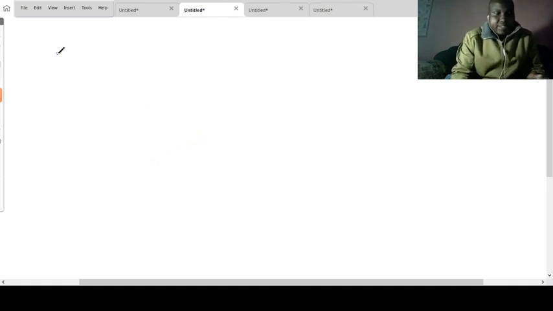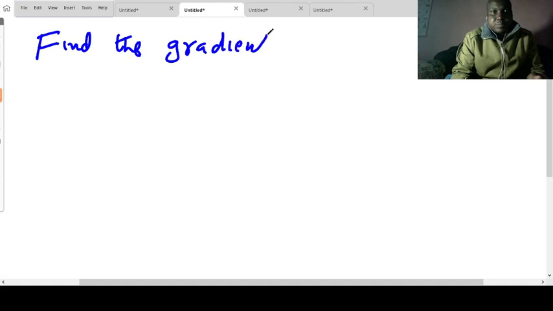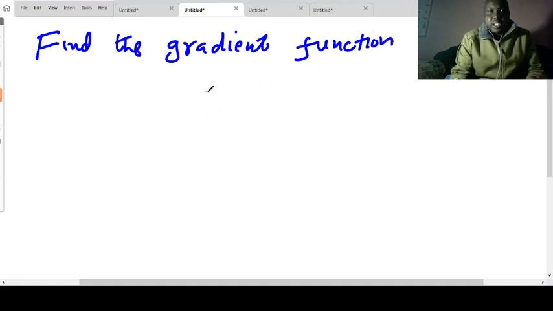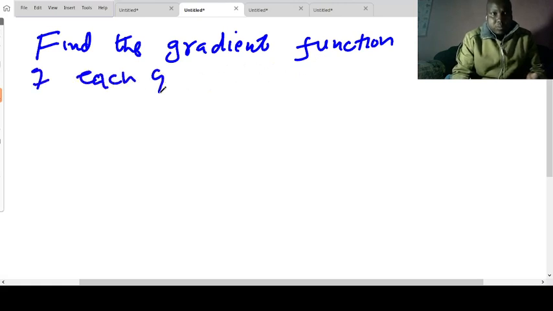Find the gradient function. Or somebody can ask you, find the derivative function. The derived function and the gradient function are the same thing.